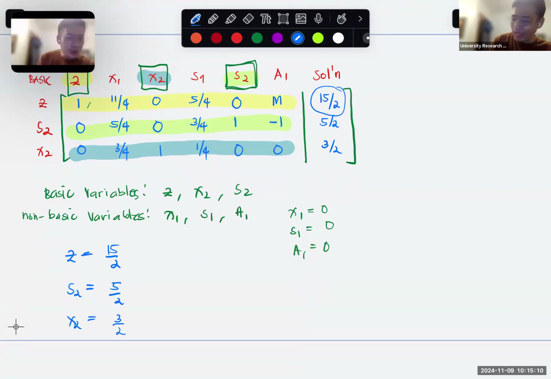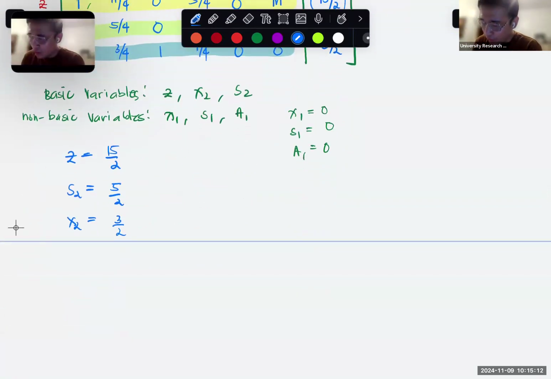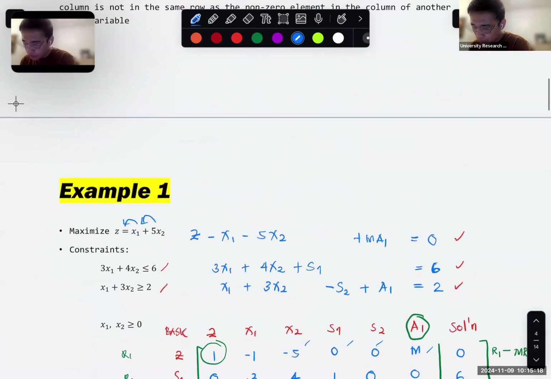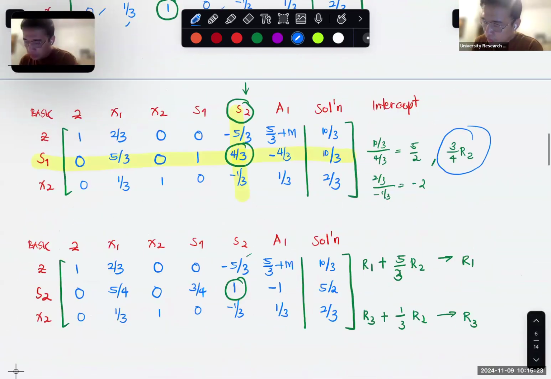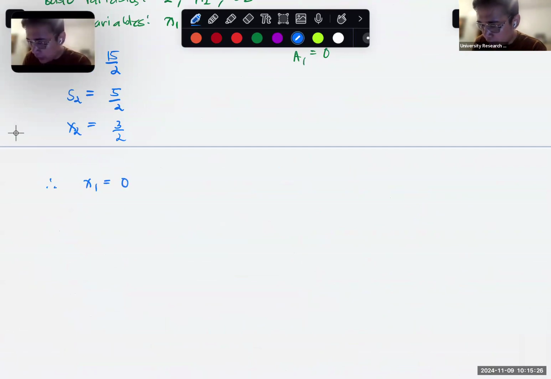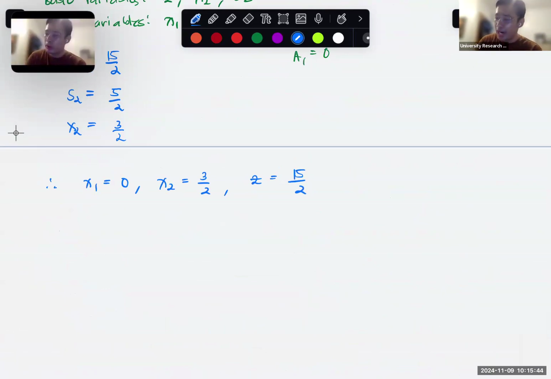So is this our solution? Therefore, our X1 is equal to 0, and our X2 is equal to 3 over 2, to have a maximum value of Z of 15 all over 2.